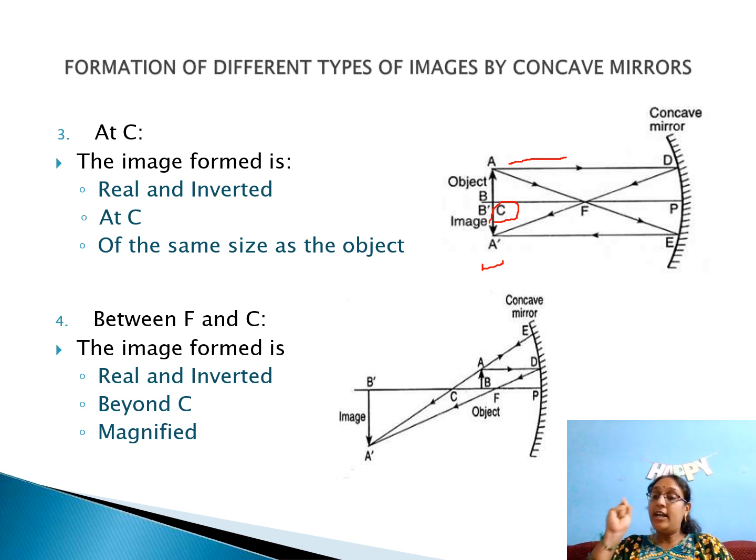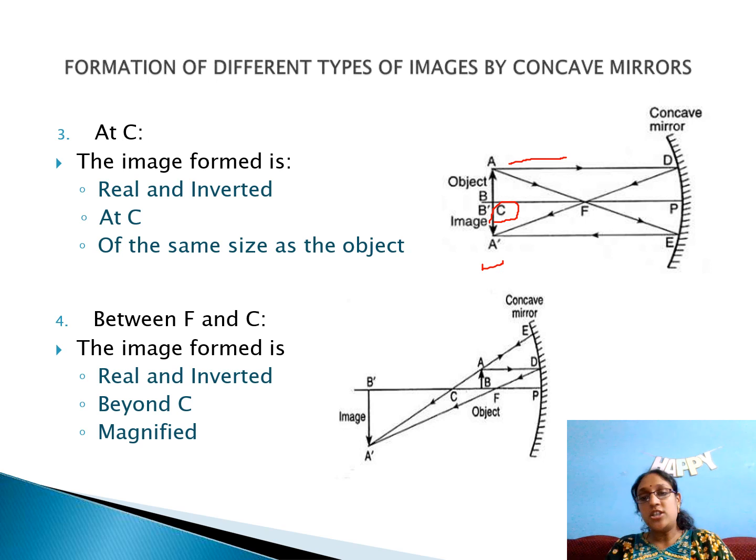I told you, whenever a ray passes through your focus, these are all your rules, kids. I'm not teaching anything new here, it's all your rules, whatever we saw in the before session. When a ray parallel to your principal axis passes through your focus, the reflected ray will be parallel again to your principal axis.